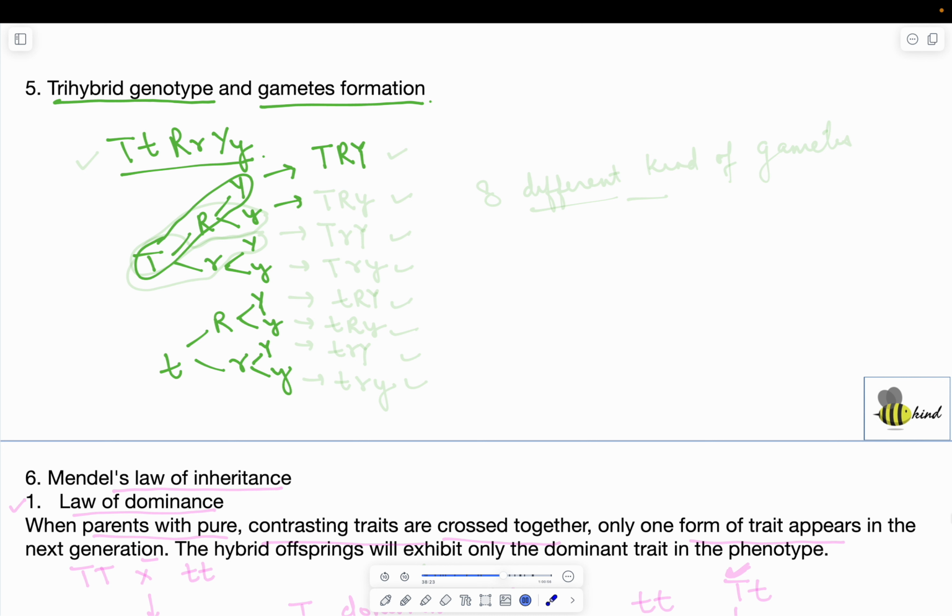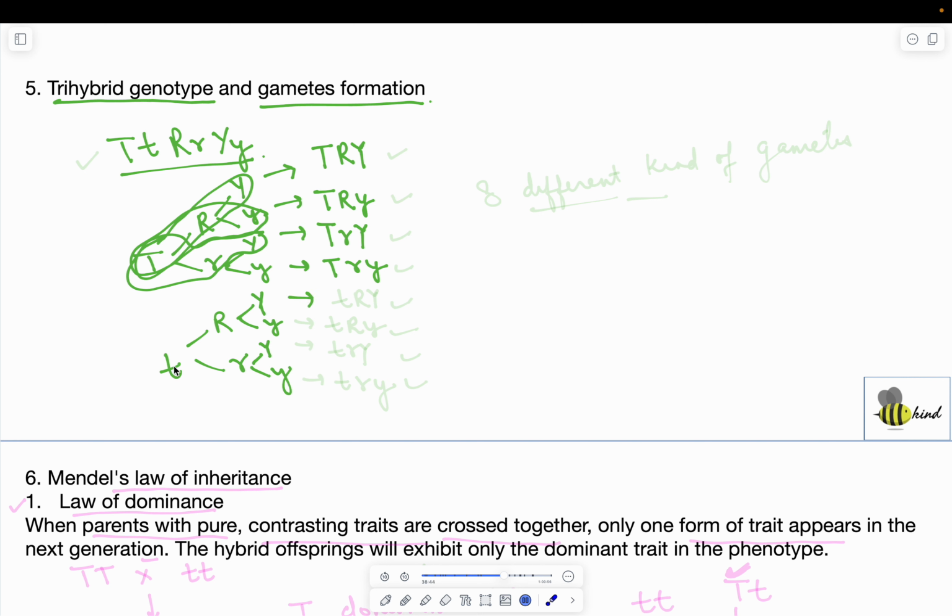The second kind of gamete will be capital T, R, small y. Then capital T, small r, capital Y. Then the fourth possibility is capital T, small r, small y.